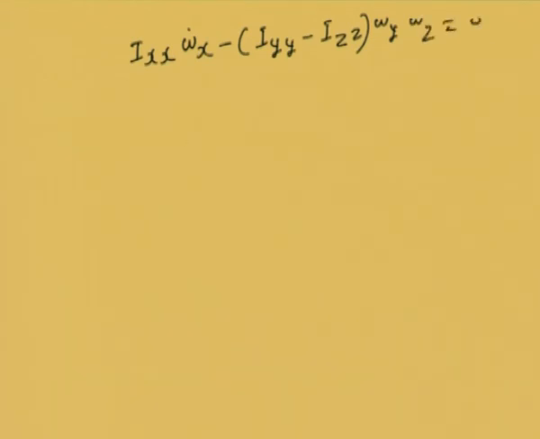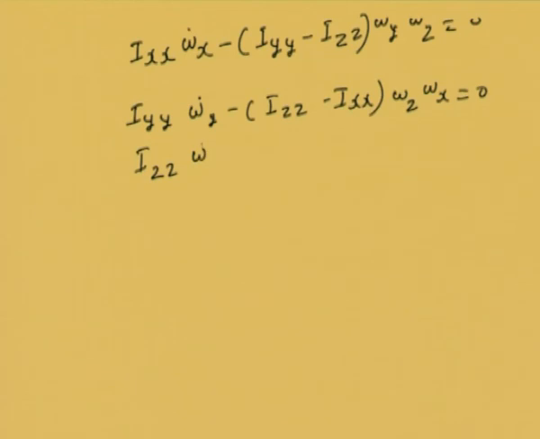The second will be Iyy omega dot y minus (Izz minus Ixx) omega z omega x is equal to 0. Then Izz omega dot z minus (Ixx minus Iyy) omega x omega y equal to 0.